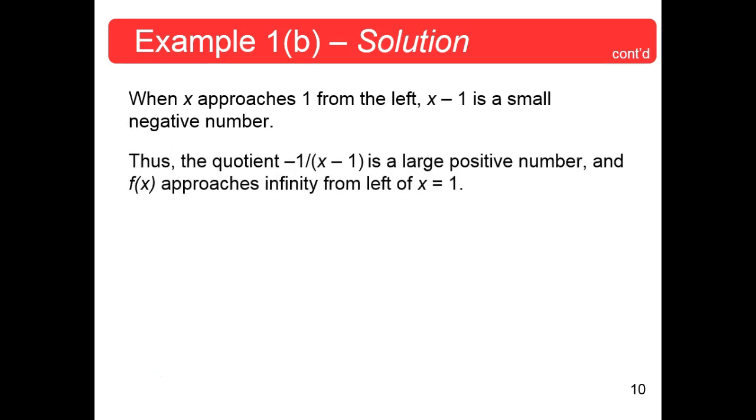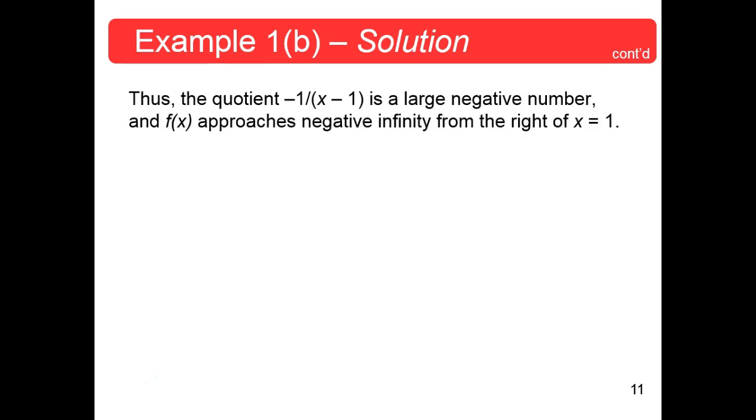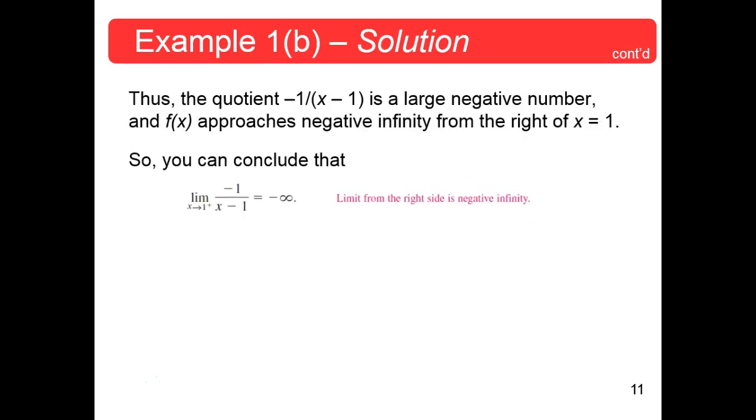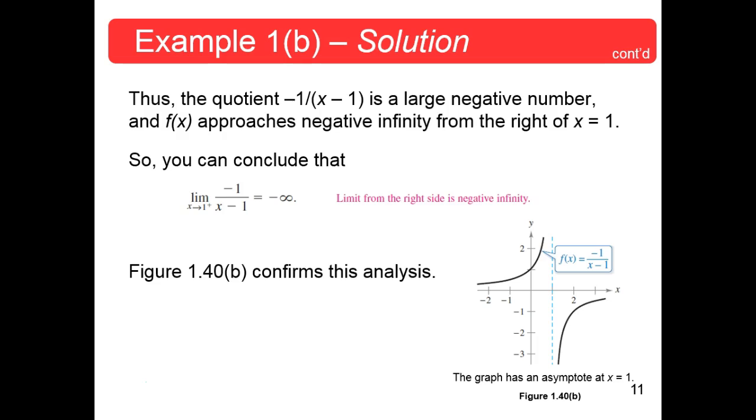The quotient then would be a large negative. Oh, well, but the numerator is also negative, so that makes it a large positive number, because the numerator is always negative. So that would be going to positive infinity from the left, negative infinity from the right. Except those aren't numbers. Infinitely large, infinitely small.